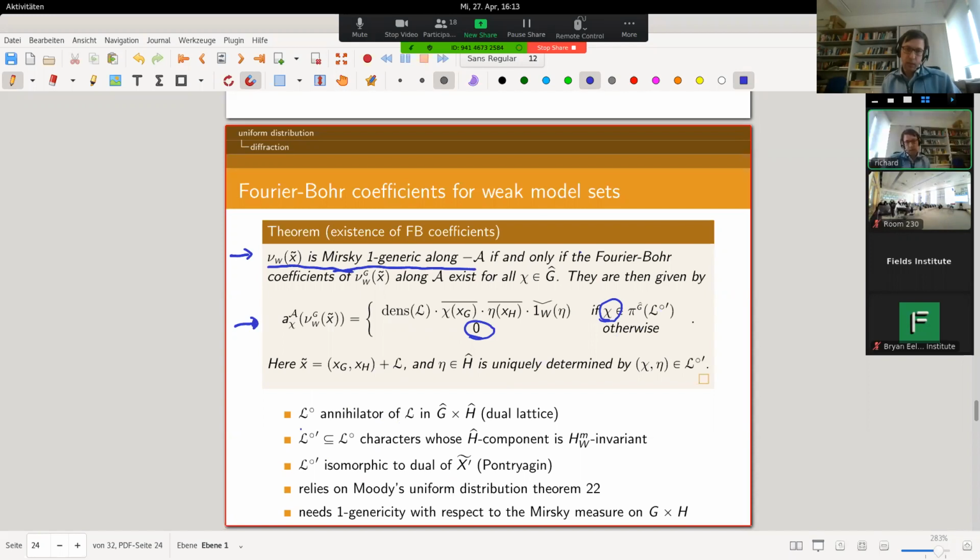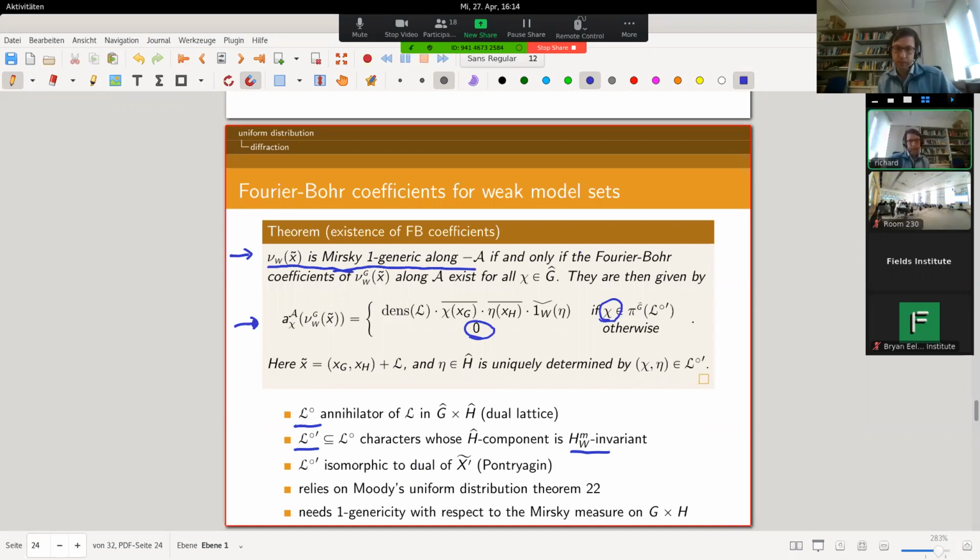So L naught is the annihilator of the lattice, and here we do not take all of these elements, but only those whose H component is invariant under this half period group. And this group is actually isomorphic to the dual of the reduced torus by Pontryagin duality. So somehow this gives the answer to the problem.